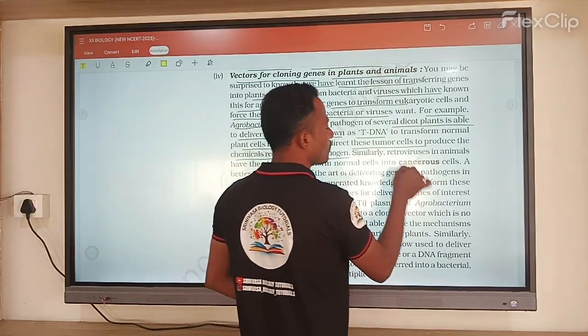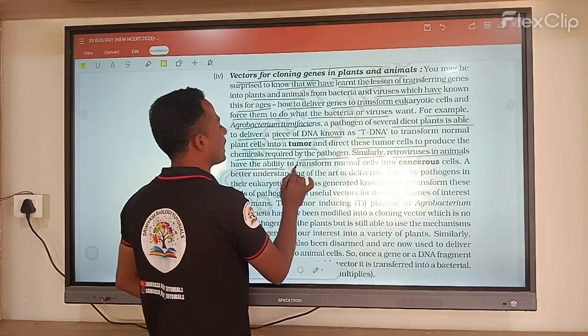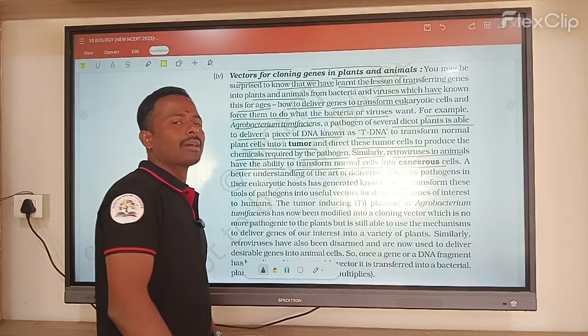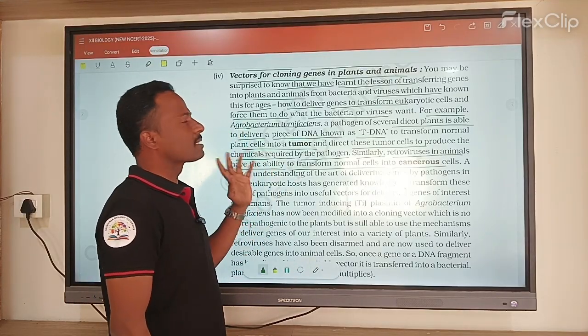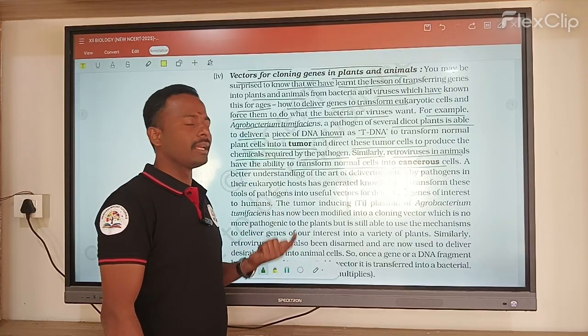Similarly, in animals, retroviruses have the ability to transform normal cells into cancerous cells. So retroviruses are also used as vectors, and they can also help control some cancerous cells.